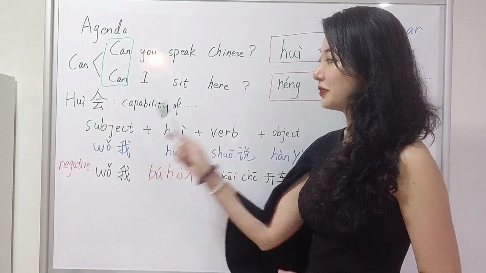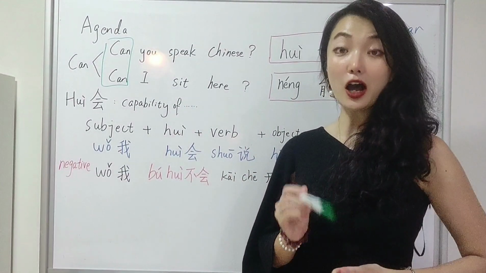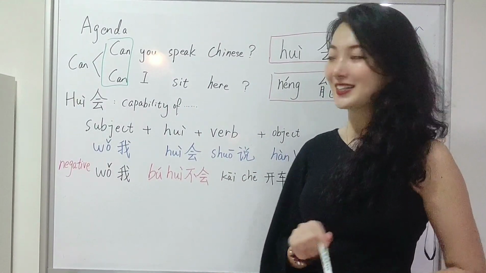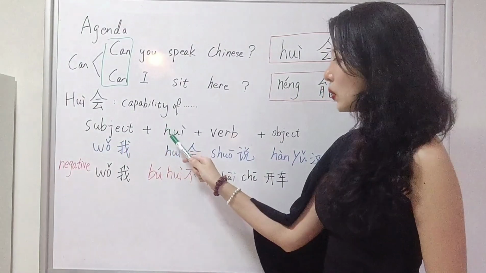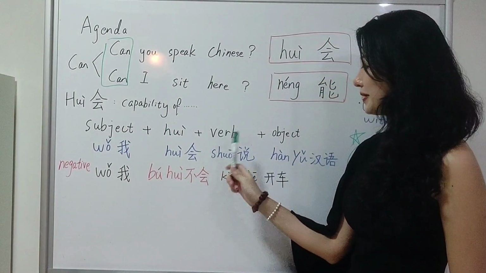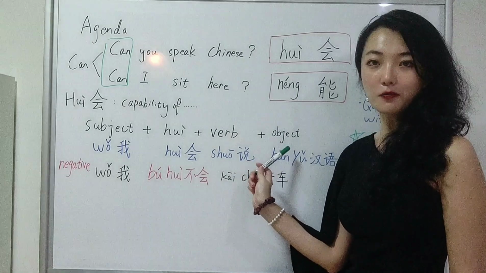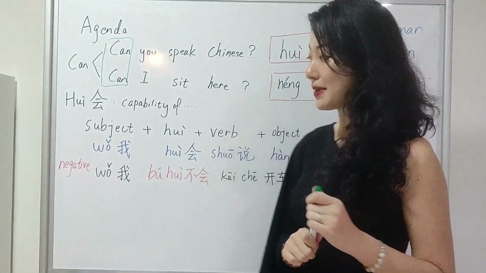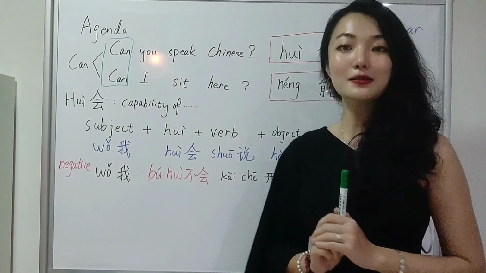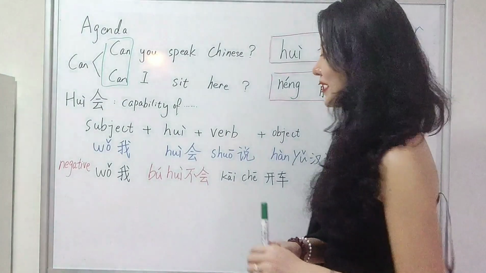Let's have a look at the formula of how to use the can in Chinese. It starts with the subject. Subject plus hui plus verb, and then ends with an object. That is the order of a statement. For example, I can speak Chinese.